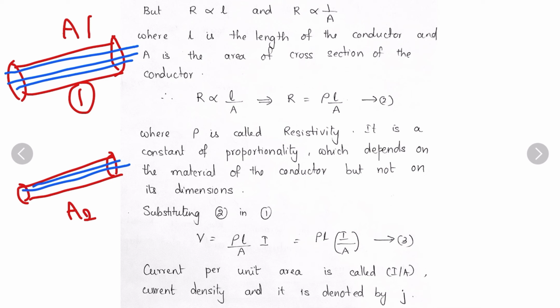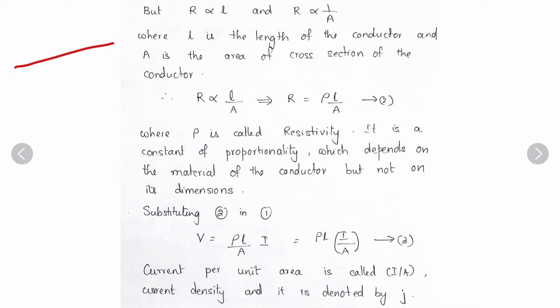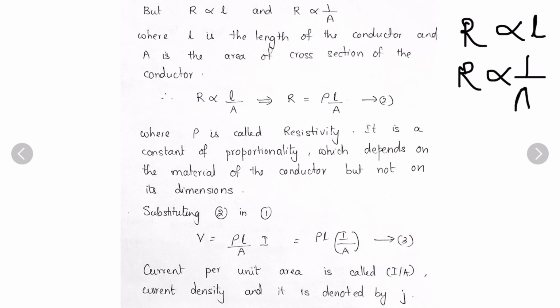Through the second pipe the water does not flow that much because its cross sectional area is less. So resistance is more for a thin wire and less for a thick wire. Resistance mainly depends on two things: it is directly proportional to length and inversely proportional to cross sectional area.